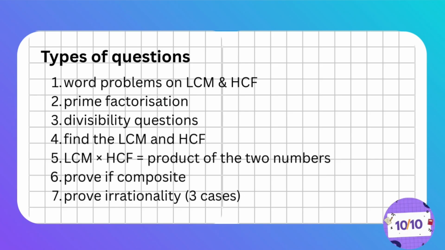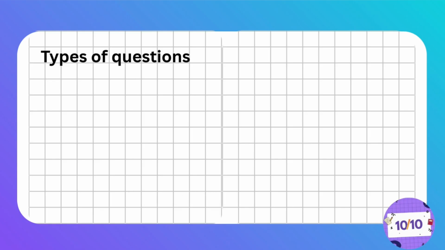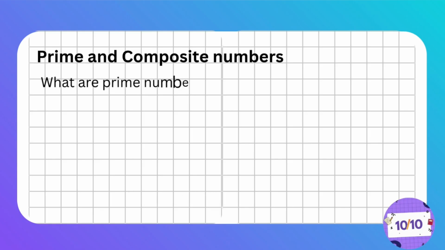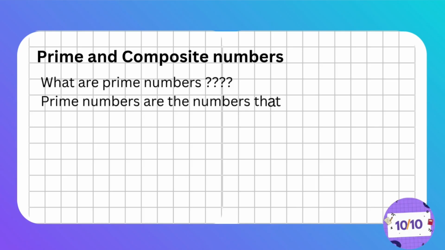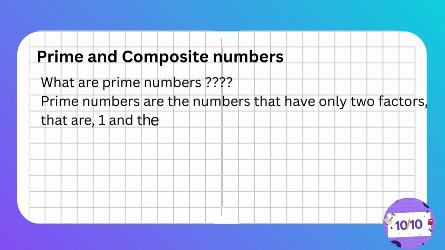So let's go to the basic topics, the prerequisites that you already need to know before you start the chapter. First of all, we need an idea of what prime numbers and composite numbers are. So what are prime numbers? Prime numbers are the numbers that do not have any other factors except the number itself and 1.